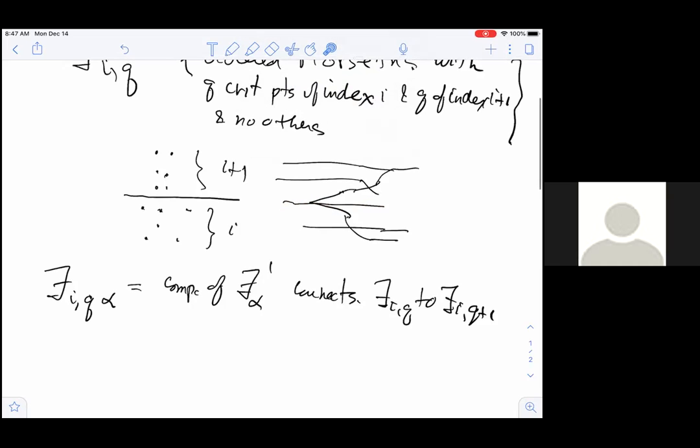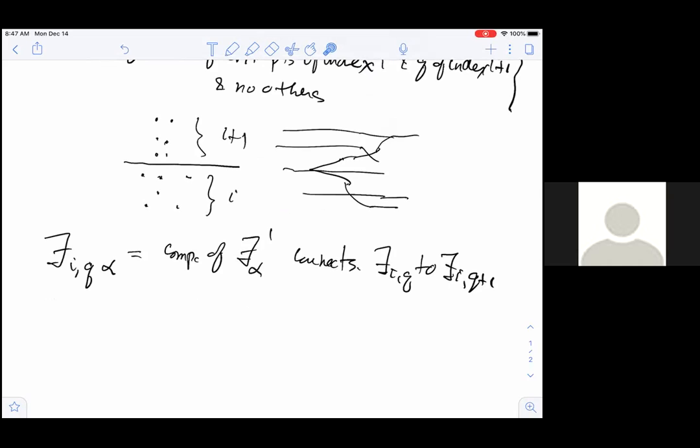Then we let Fi be the union over all Q of FIQ and FIQ alpha.